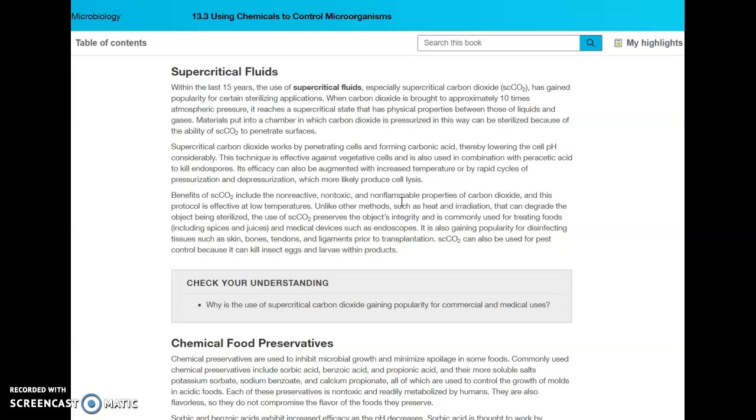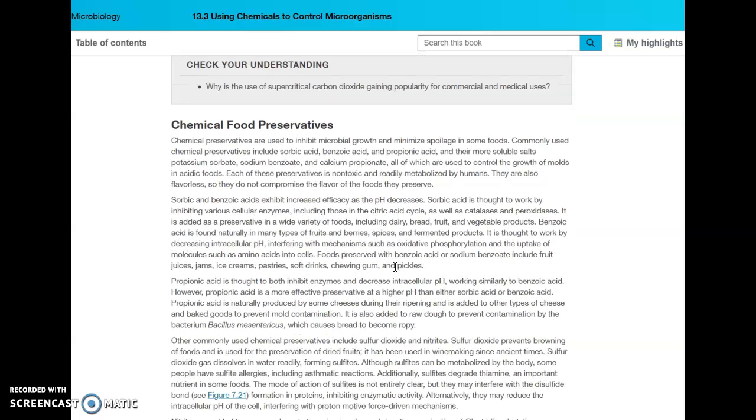It gets into the cells and produces carbonic acid, which then lowers the pH, and we know that most organisms need a neutral pH in order to survive. Supercritical carbon dioxide is non-reactive, non-toxic, non-flammable, so it can be used pretty easily compared to just regular carbon dioxide.